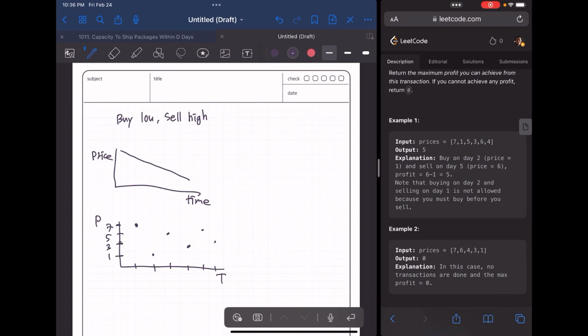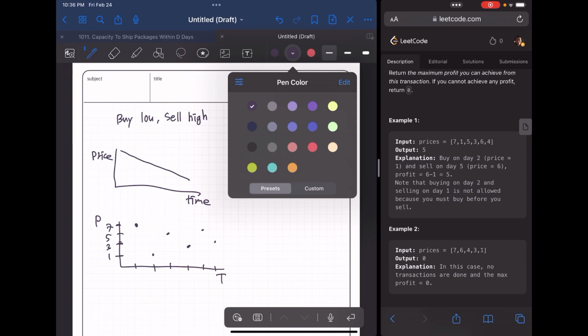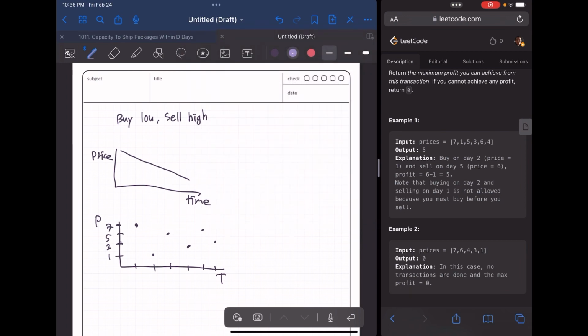So basically, let's say we buy at this point at 1 and sell at this point 6, we make a profit of 5. And that is what we can get.